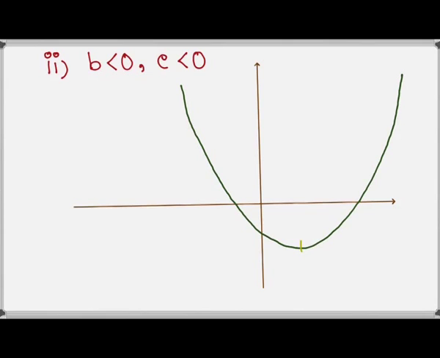Here is the vertex P, this is the y-intercept, this is alpha, this is beta. So here also alpha and beta both are real and distinct.